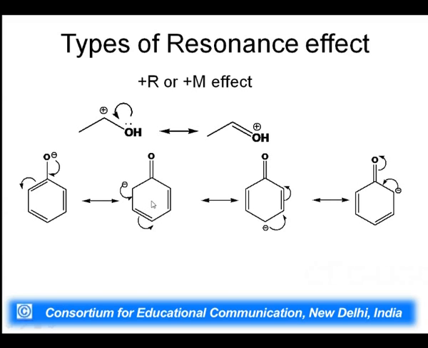So, donation of electrons into the ring means that the electron density inside the ring is increased by this O minus, and hence this O minus group is called a plus R or plus resonance effect group, or a plus M or plus mesomeric effect group.